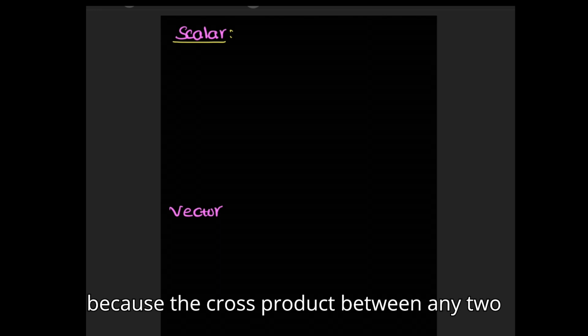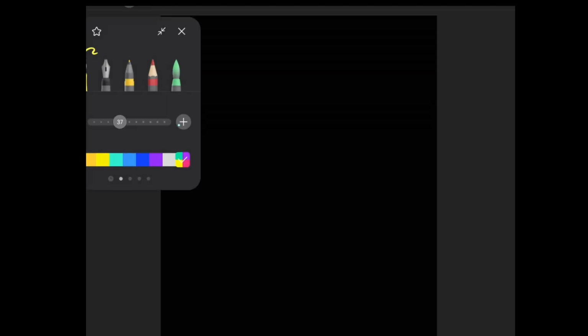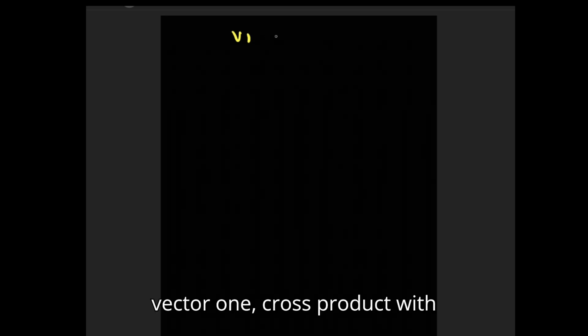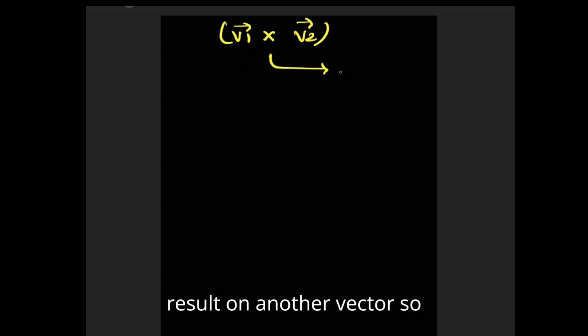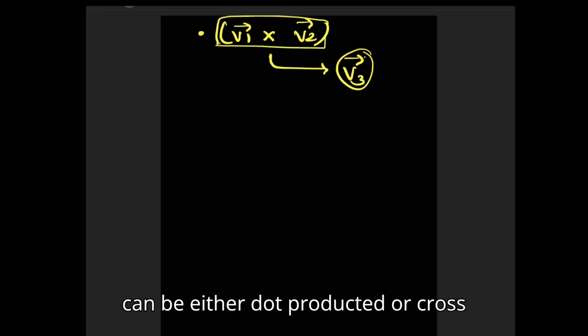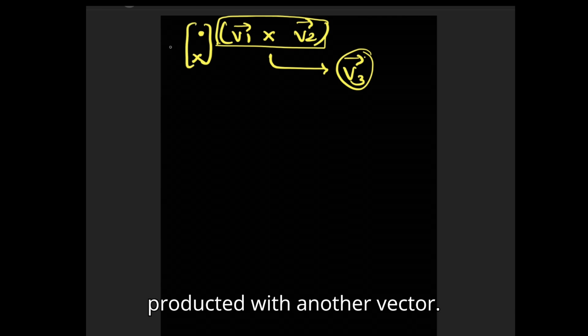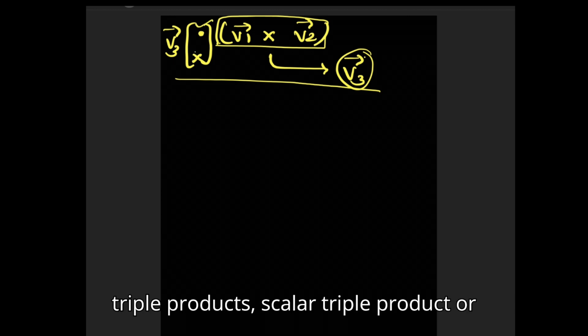Because the cross product between any two vectors gives the resultant of another vector, as we know, the cross product between two vectors, let us say vector 1 cross product with the second vector, this will result in another vector, so that the cross product between two vectors can be either dot producted or cross producted with another vector. So based on this concept, we have two triple products, scalar triple product or vector triple product.